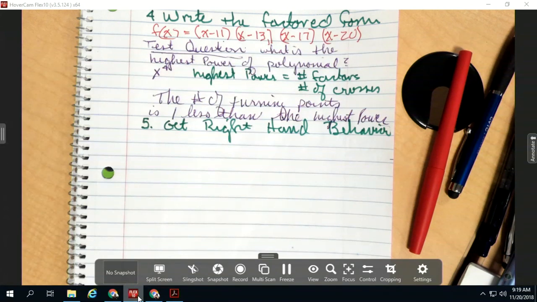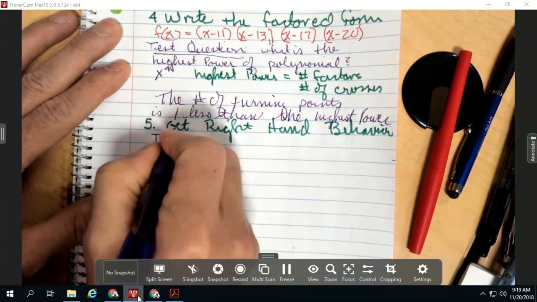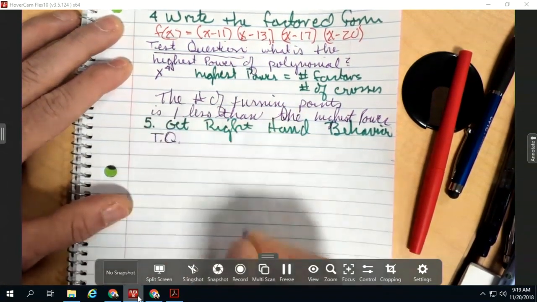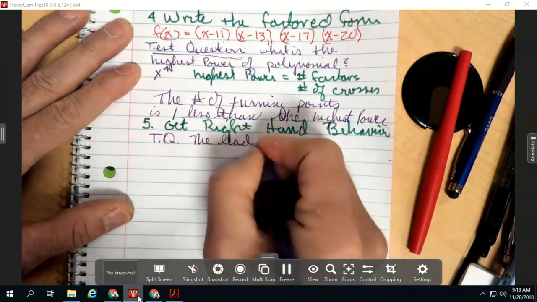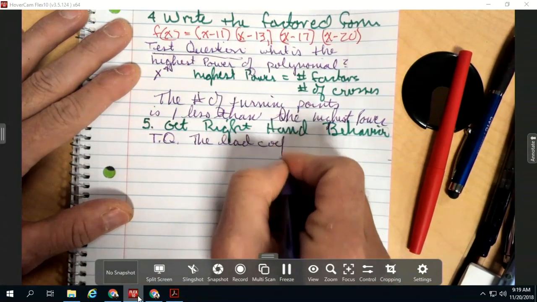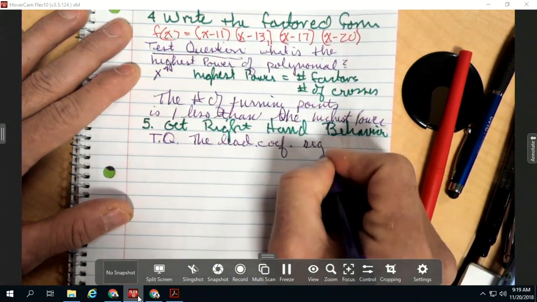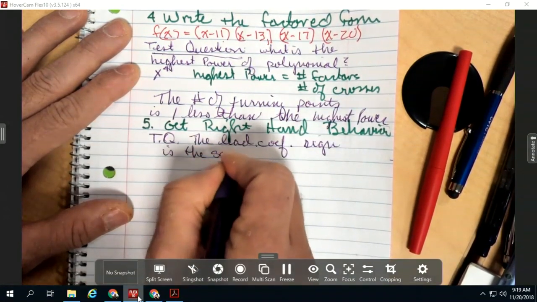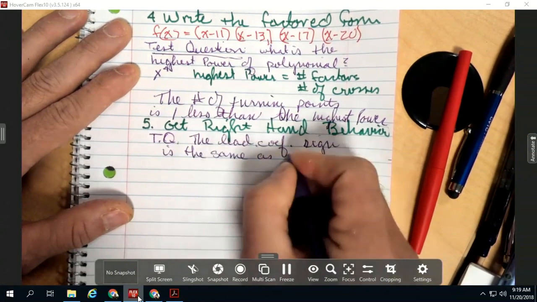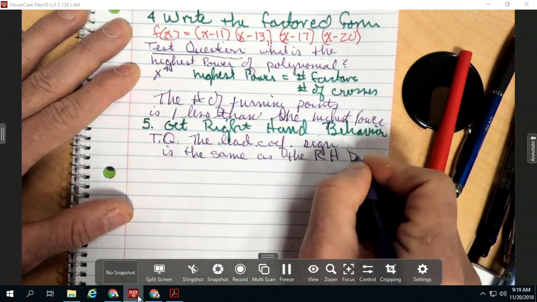So let's get the test question for this. TQ. The leading coefficient sign is the same as the right hand direction.